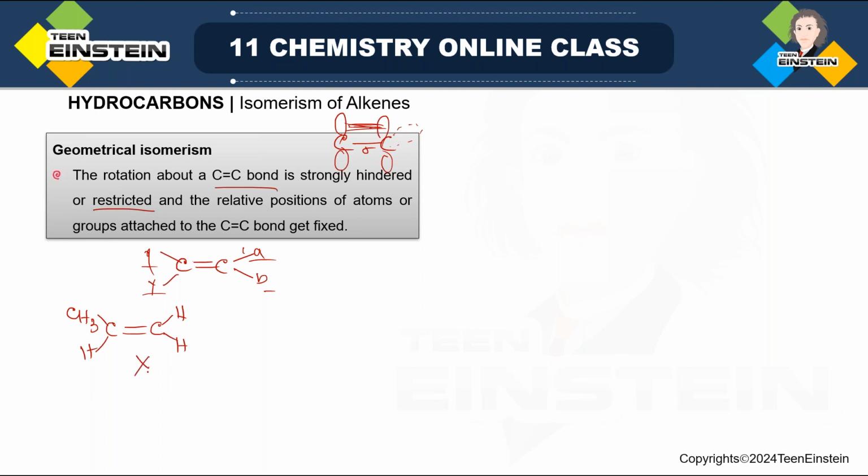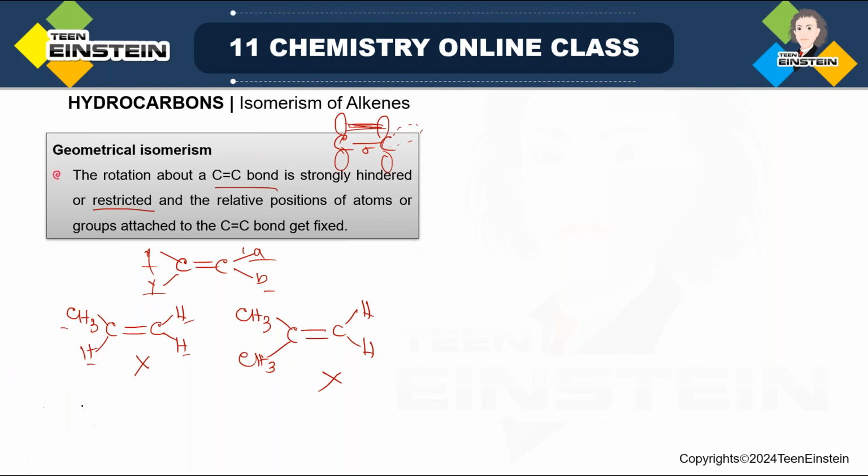Because on the right hand side you have two similar groups. So even if you change these two hydrogens, it will again be the same thing. If you change CH3 and H, it will be the same molecule again. So here it is not possible. Similarly, if you take a molecule where you have two same groups on one side and again two same groups on the other side, this is also not possible.